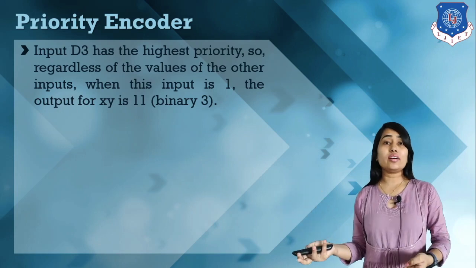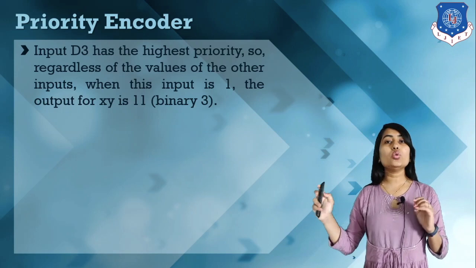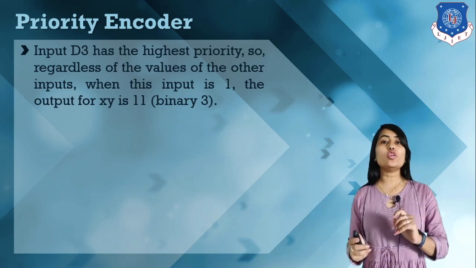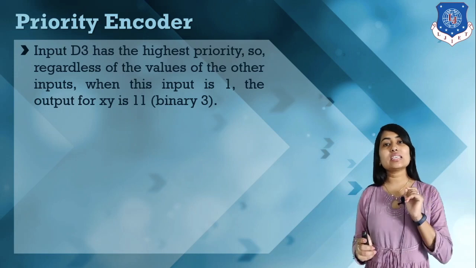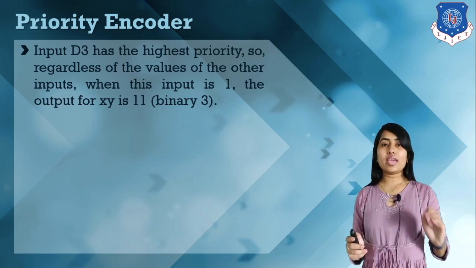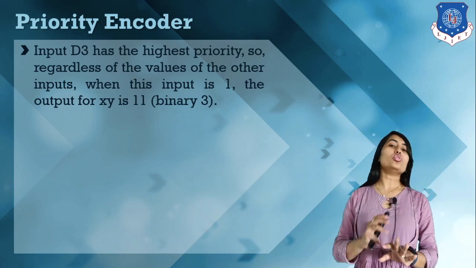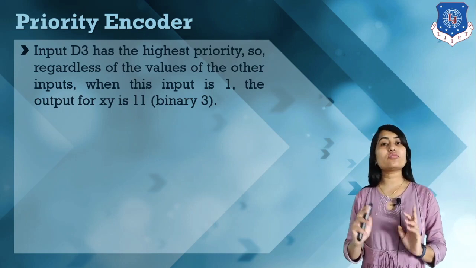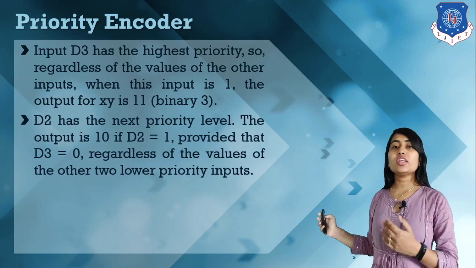As we have four inputs, we have two output lines, X and Y. So whenever D3 is equal to 1, regardless of the values of D2, D1 and D0, we have XY equal to 1 1.